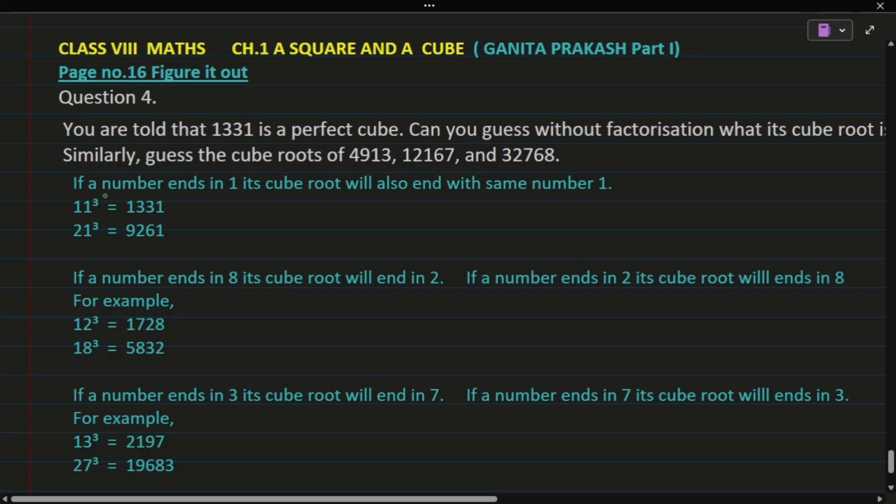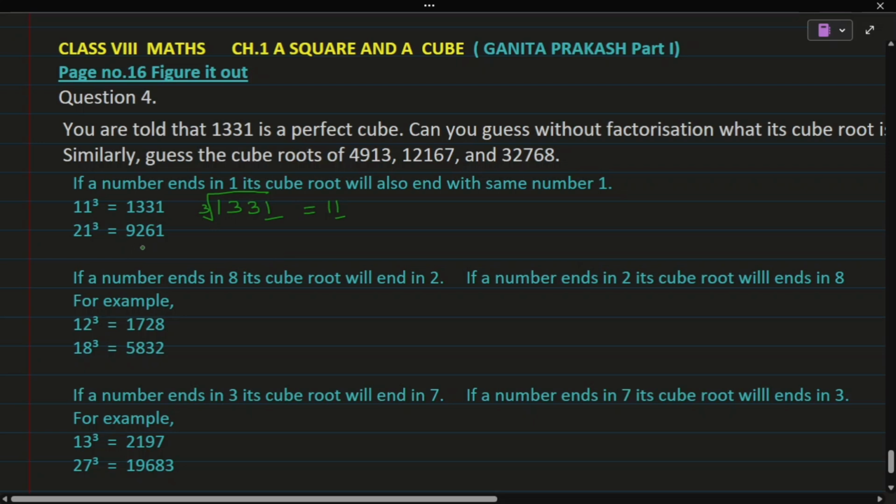In the first one, if a number ends in 1, its cube root will also end with 1. Here you can see 1331 ends with 1, that is, the units place digit is 1. Then its cube root, from here we can write, is 11, which also ends with 1.